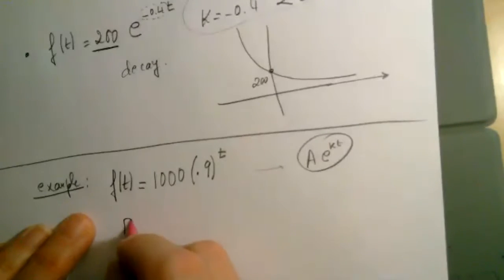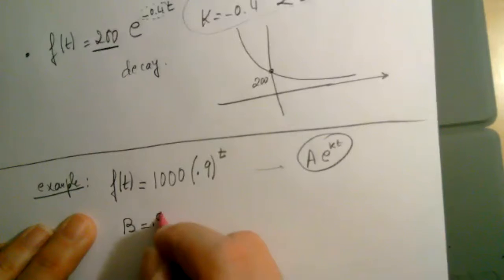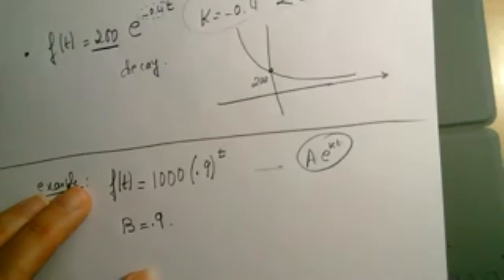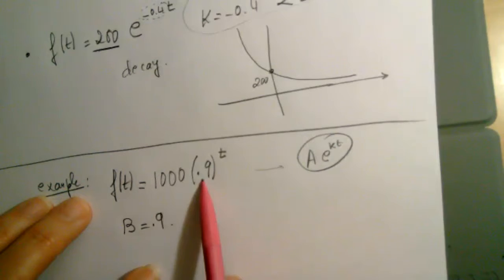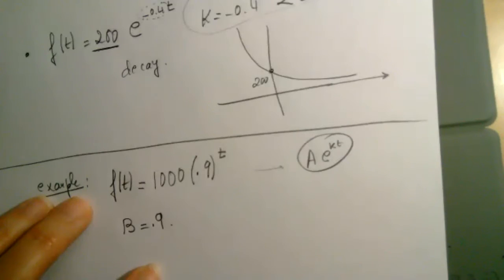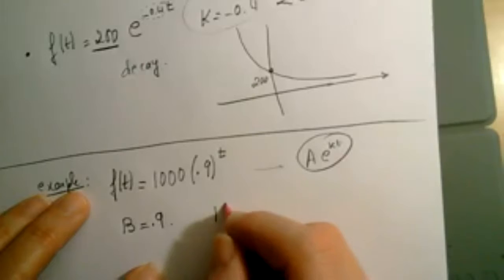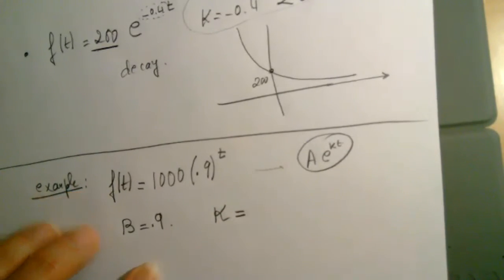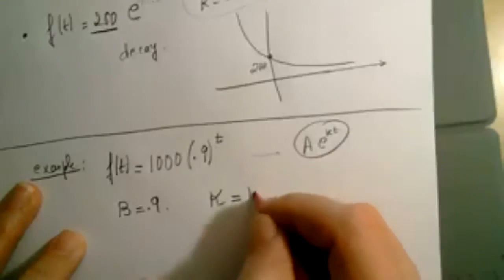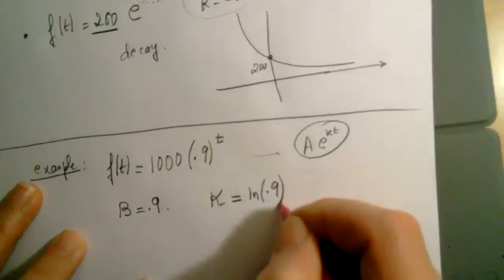Here we know the b, which is a decay. This represents a quantity decreasing by 10% every unit of time. To write it as e to the kt, I have to find my k. My k is the natural log of 0.9.